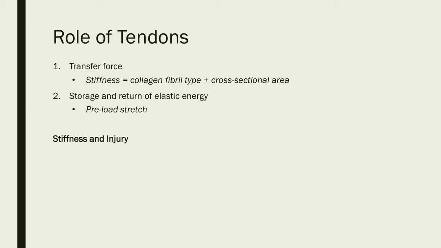Overly compliant, or what we discuss as floppy tendons, might be at an increased injury risk because of the relatively high levels of energy storage and strain. But an overly stiff tendon can also be at risk because of its reduced energy storage capacity.